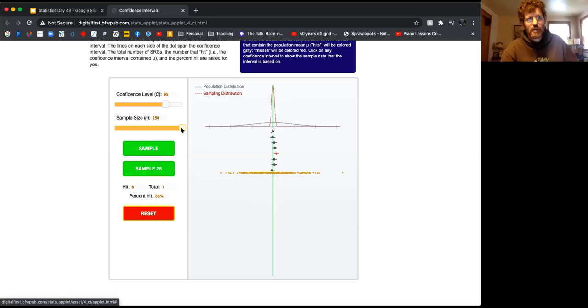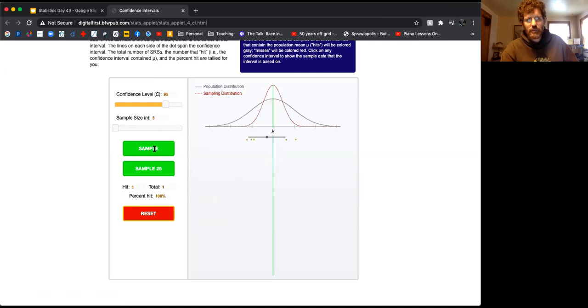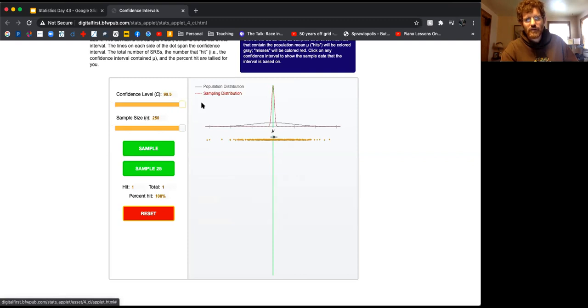There you go. So we're going to see why this is, but this tells you that there's an inverse relationship between the sample size n and the width of our confidence interval. When n is 5, we have a pretty wide confidence interval. When it's a big sample size, we have a very small confidence interval. And so we can kind of play with this. We now know that if I raise my confidence level right here, it's going to get wider, but still it's not very wide when you have a big sample size.